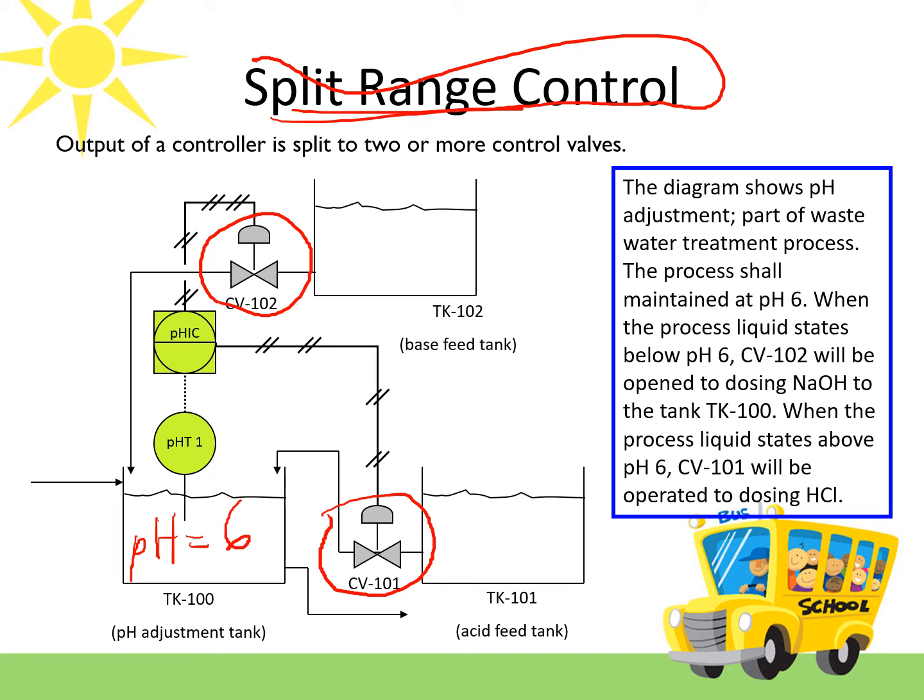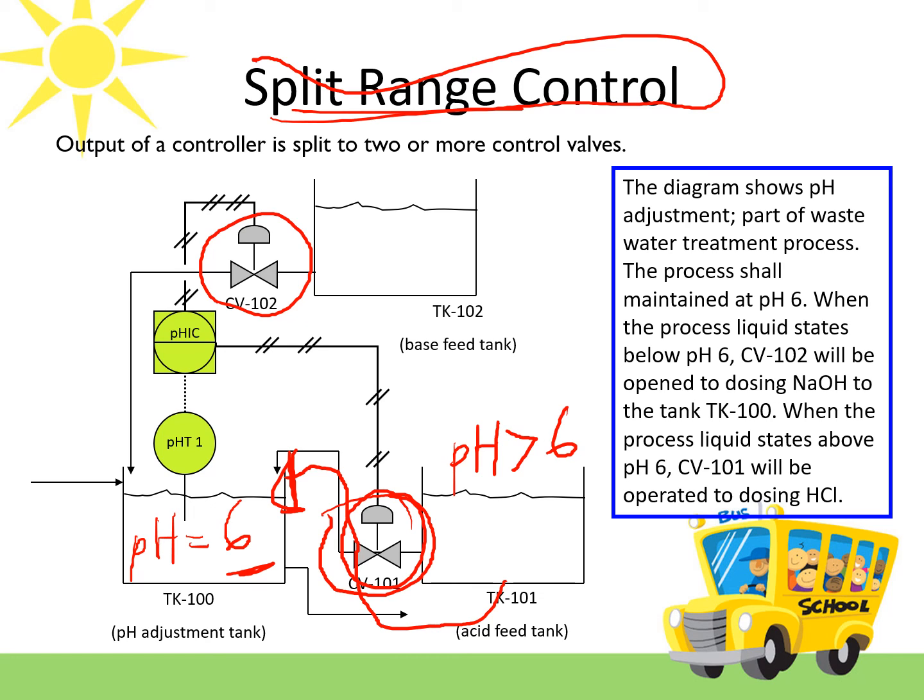Okay, if the pH here is greater than 6, the controller will open this valve so that acid is dosed to this tank to reduce the pH to 6.